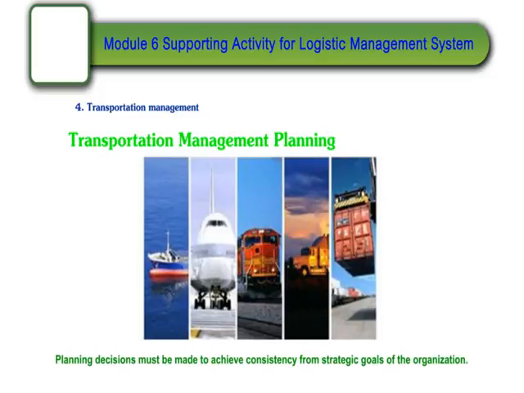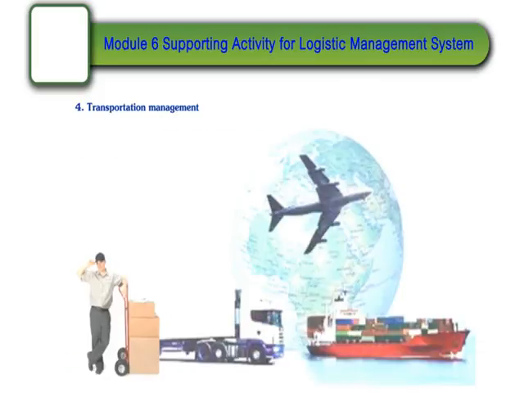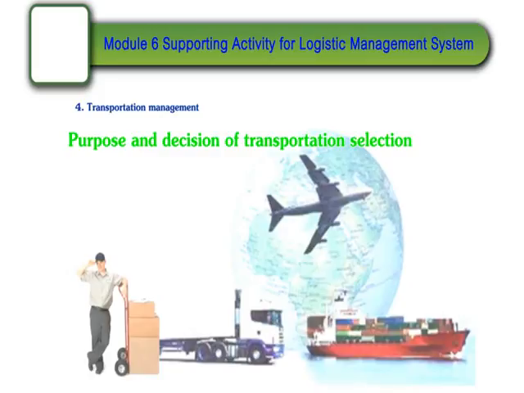Planning decisions must be made to achieve consistency with the strategic goals of the organization. Purpose and decision of transportation selection. A method of transportation selection should include at least 3 factors.